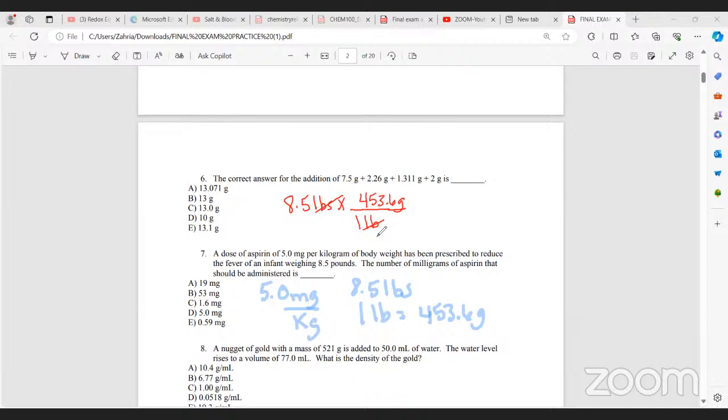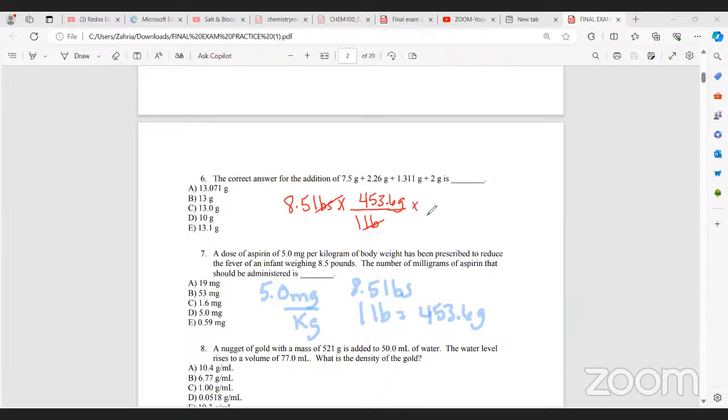Now, you will also take your next conversion here. Instead of converting to milligrams, you'll convert that to kilograms.